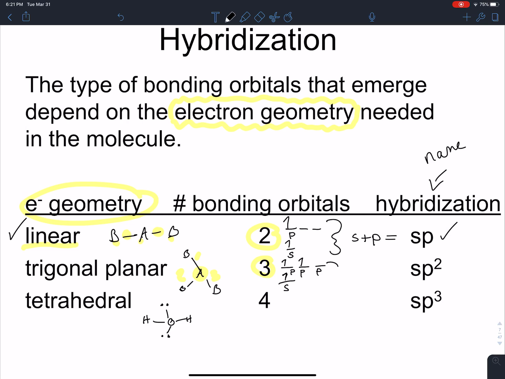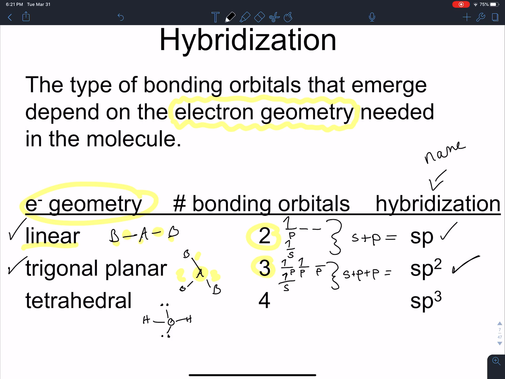And then these would combine to form one originating from the s, one from the first p, one from the second p. That's an sp2 outcome. That's what we need to predict. Everything trigonal planar in its electron geometry will form an sp2 hybridized orbital on its central atom.